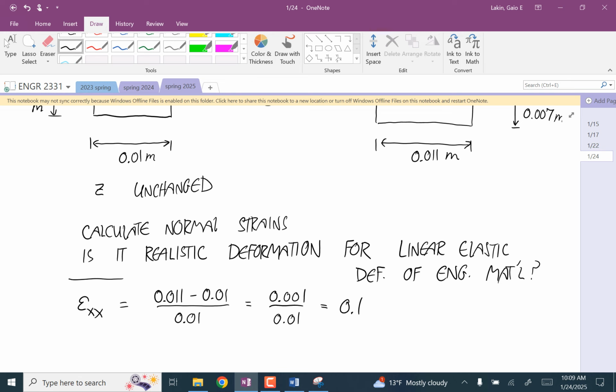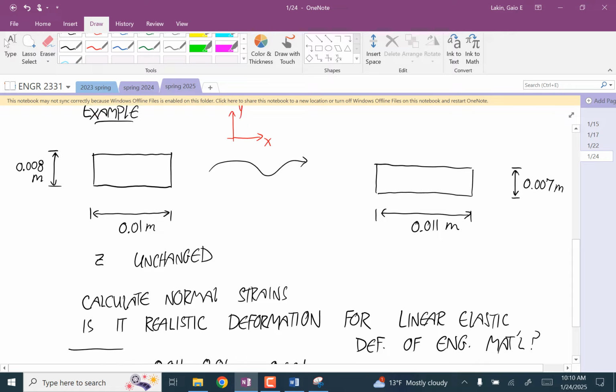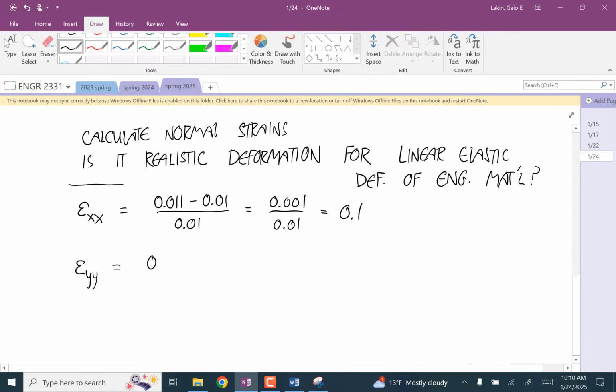And you can see why this is unitless. I mean, you're just dividing length by length. And now let's look at the Y normal strain. That is the final length, 0.007 minus 0.008 divided by 0.008. And you get negative 0.125.